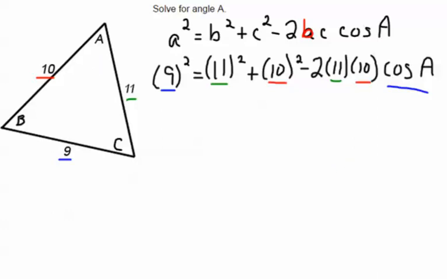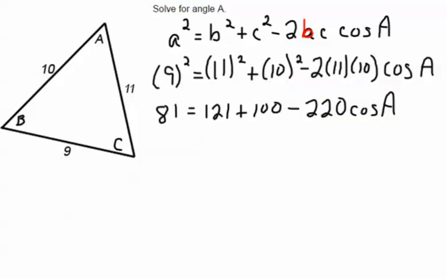We need to get A by itself. To do that, we need to get cosine A by itself. To do that, we need to get negative 2 times 11 times 10 cosine A by itself. So we just go through all the steps.